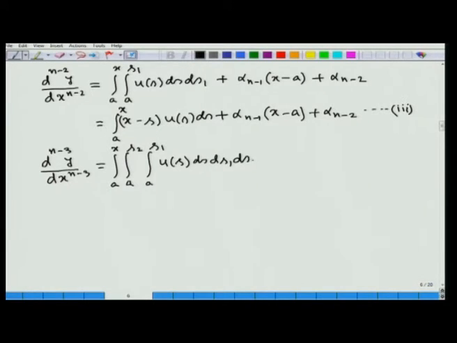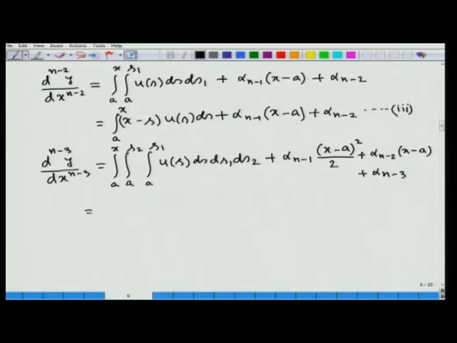ds1 ds2. Now, this term, alpha n minus 1 (x minus a), after integration from a to x will produce (x minus a) whole square by factorial 2. Here we will find alpha n minus 2 (x minus a) plus alpha n minus 3, which actually comes from the left hand side.